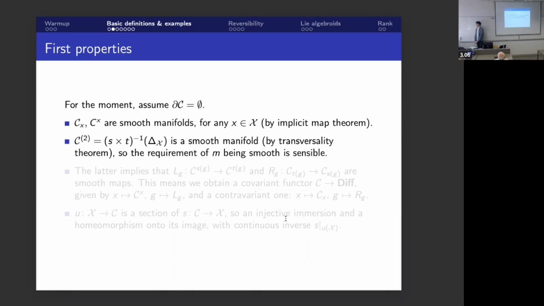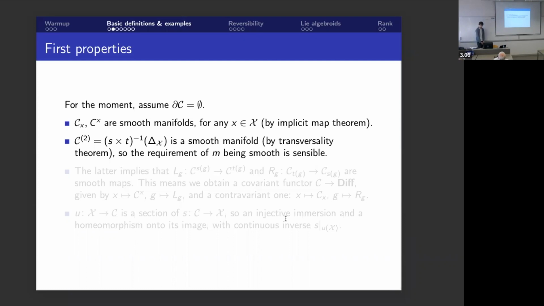Secondly, why can we even require that multiplication is smooth? Because S and T are smooth submersions, we can view this set of all composable morphisms as the pre-image of the diagonal inside X times X. So we can view the set of all composable pairs of morphisms as a smooth submanifold of the product C times C. This is by virtue of the transversality theorem.